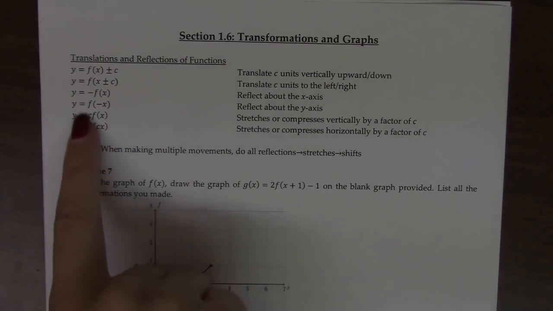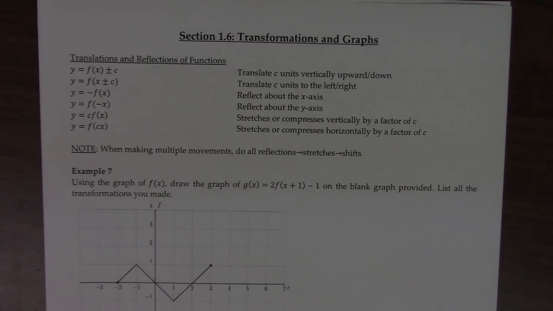Similar here when we multiply: if you multiply on the outside by c, it stretches or compresses the graph vertically by a factor of c. If c is bigger than 1, it makes the graph taller. If c is between 0 and 1, it makes the graph shorter. If c is 1/2, it cuts all the y values in half, compressing it down.